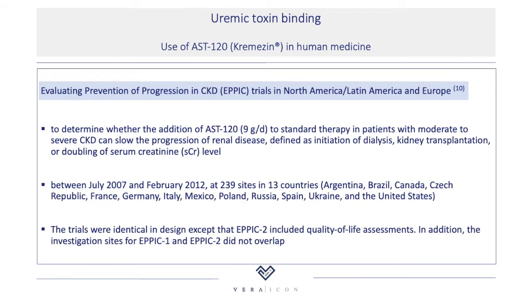So this is in Asian countries. Now there's a nice study. Actually, there are a few publications on the EPIC trials. These are huge trials that have been done on more than 2,000 patients in North America, Latin America, and Europe, trying to show similar results. They added AST-120 or placebo to standard therapy in patients with moderate to severe CKD, and looked at whether we can slow down progression of disease.